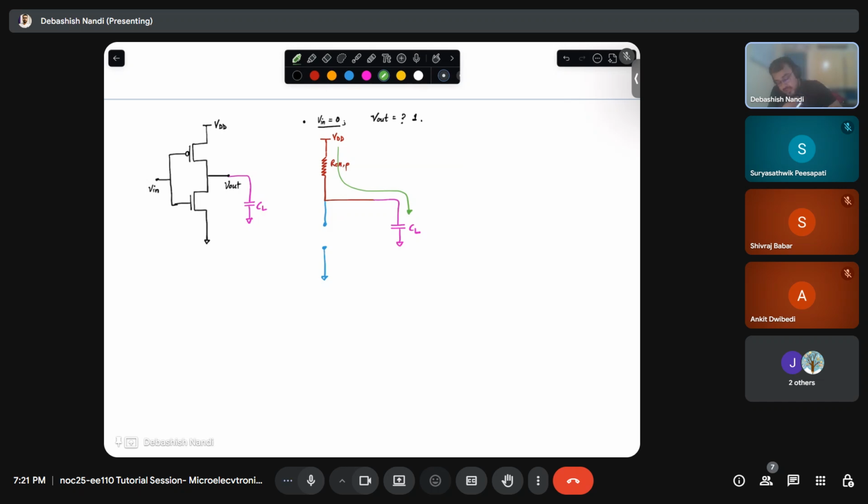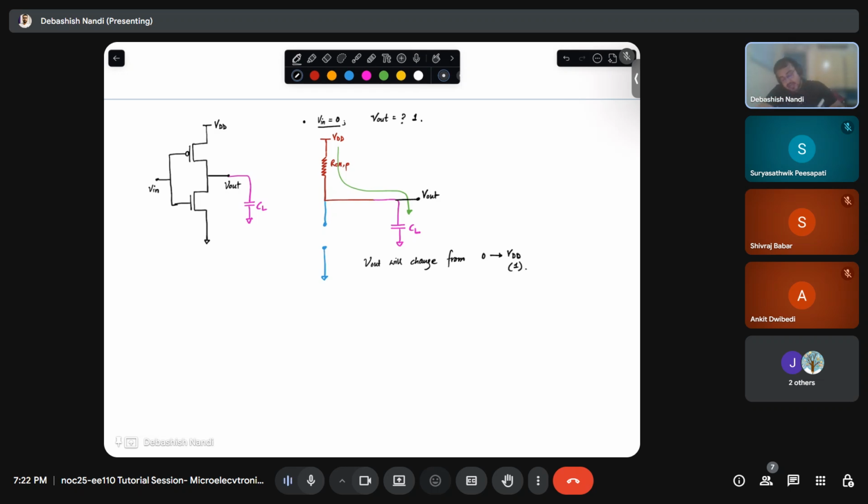Fine. So in this case, if this is my V out, my V out will change from 0 to VDD, or my output will be 1.